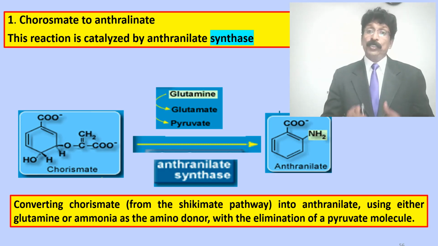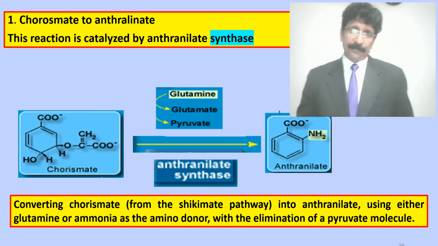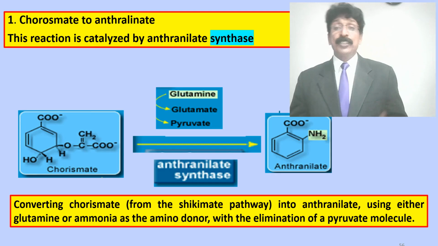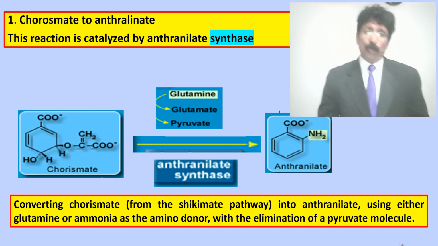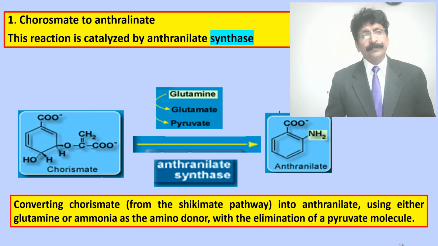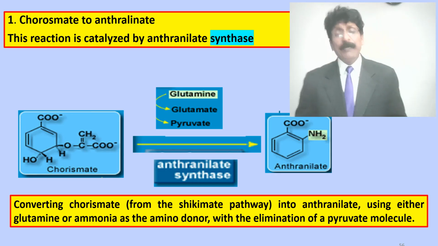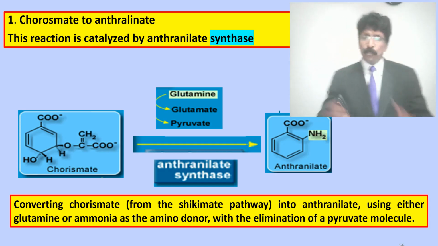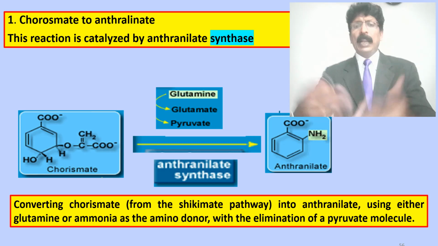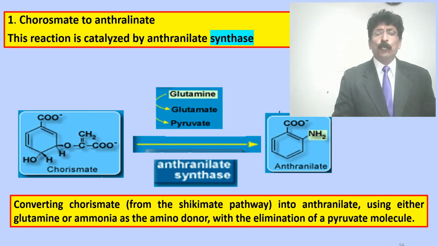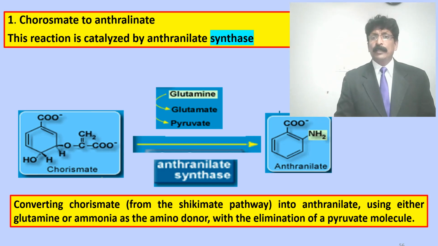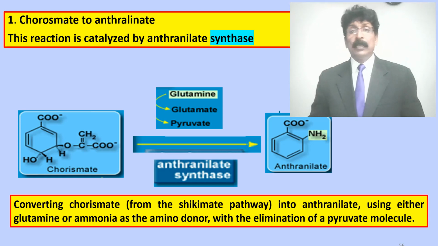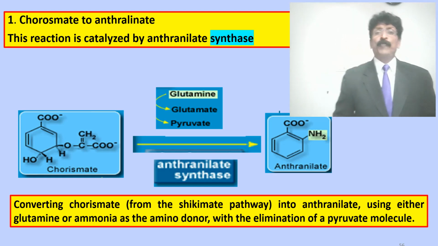So this is anthranilic acid. Second position, NH2 and COOH. So converting chorismate from the citric acid pathway into anthranilic acid using either glutamine or ammonia to transfer the NH2 group to the second position. This is what you got, a direct compound anthranilate from chorismate.